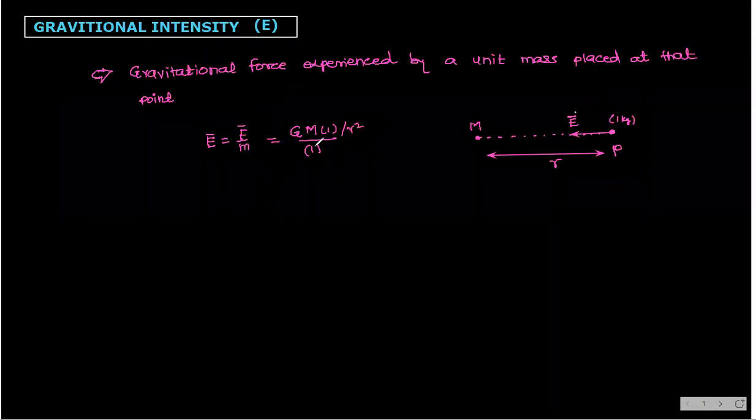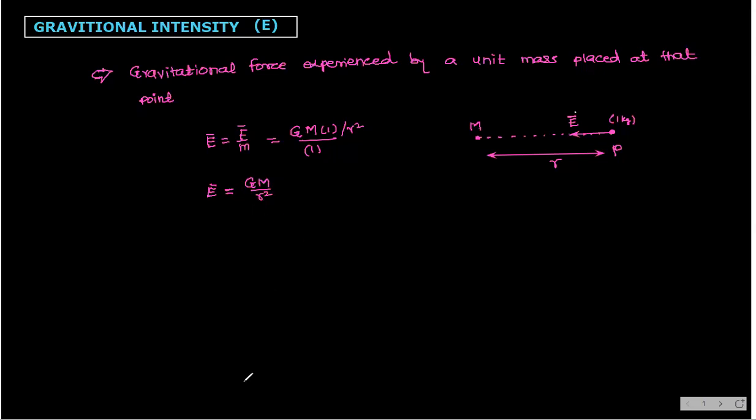Force formula first, GMm by R square, divided by this m. That's why G, capital M, small m, or unit mass, that's why 1. So what will you get as the value? Tell me. E bar is equal to GM by R square. Clear? Understood?